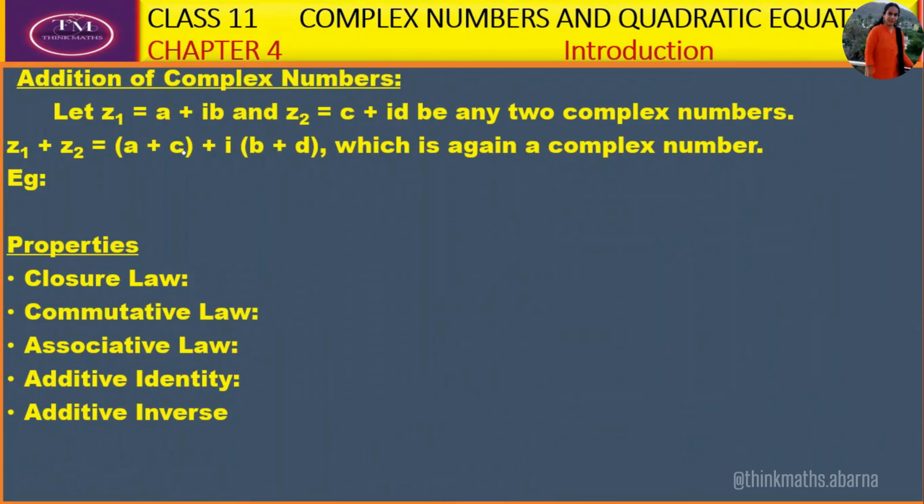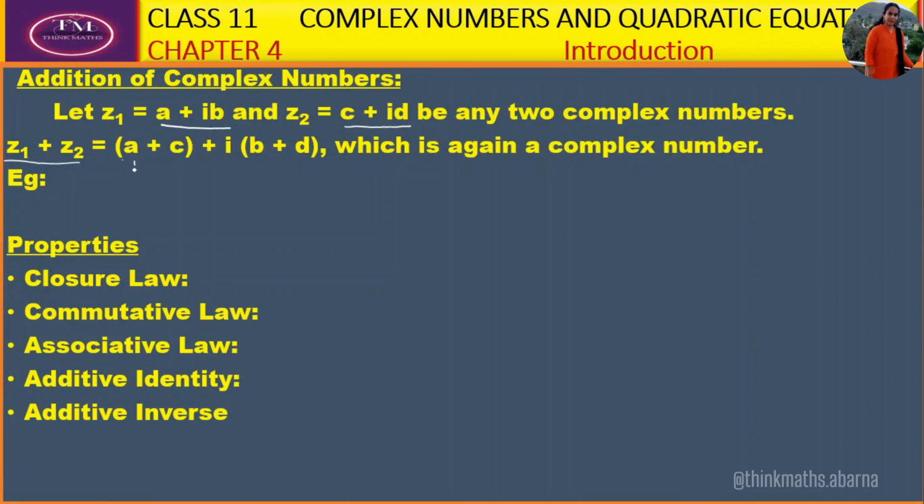Addition of complex numbers. How to add complex numbers? There are two complex numbers, Z1 equal to A plus iB and Z2 equal to C plus iD. To add these two complex numbers, what do we have to do?